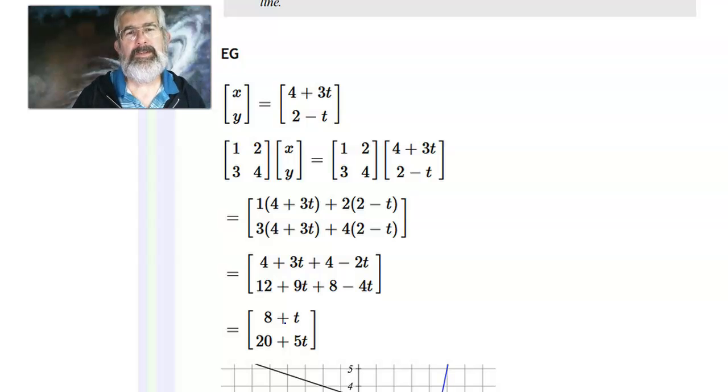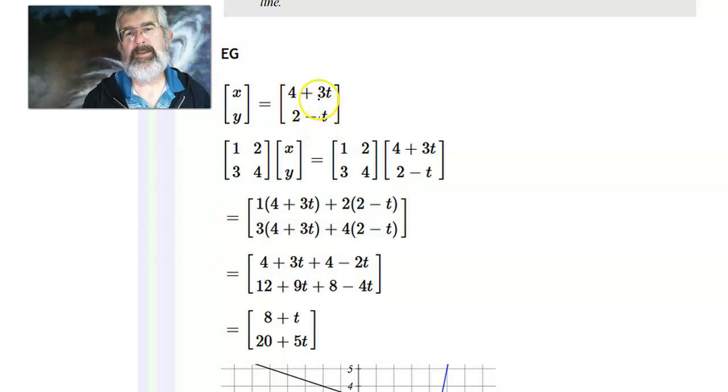And perhaps you can see that for the way you parameterize a line, you've got the x-coordinate of the point you want to go through plus the x-component of the direction vector, and then the y-coordinate of the point you want to go through plus the y-component of the direction vector of the line.